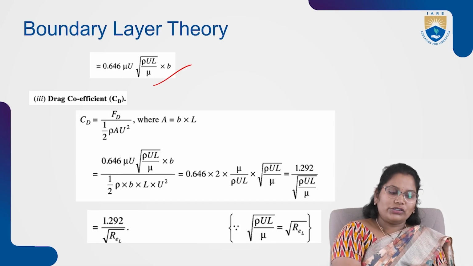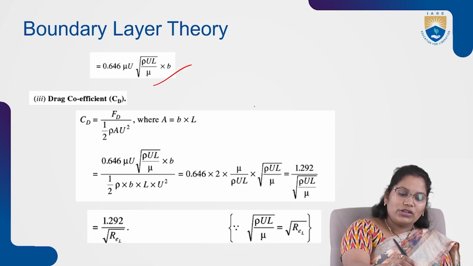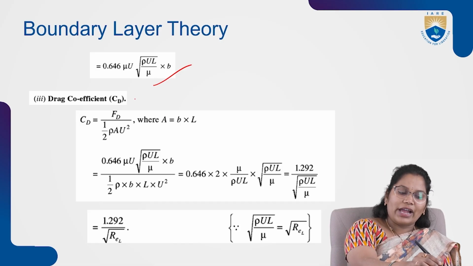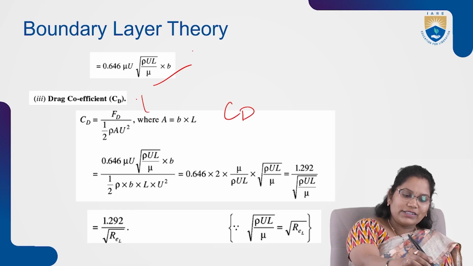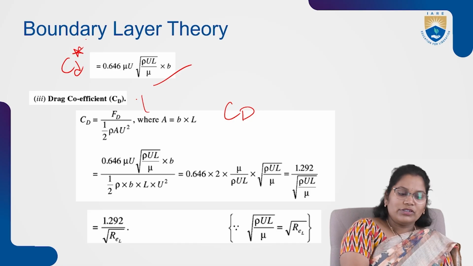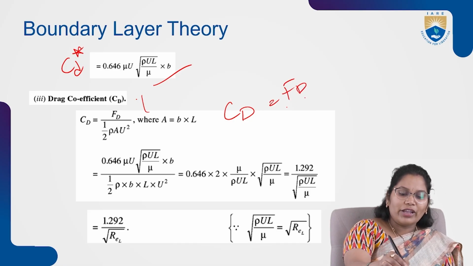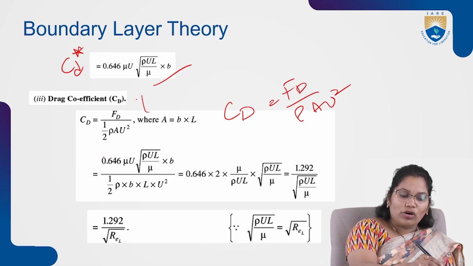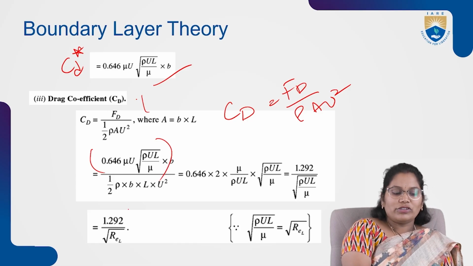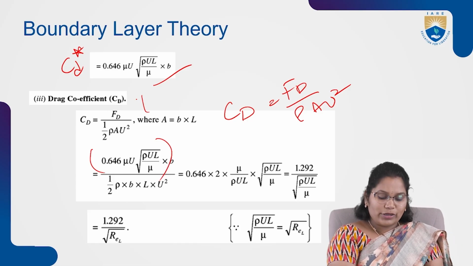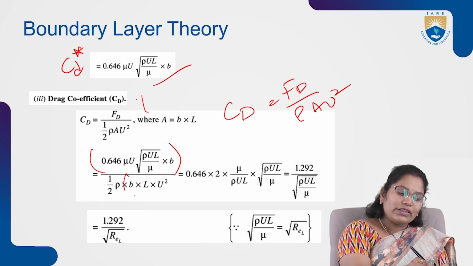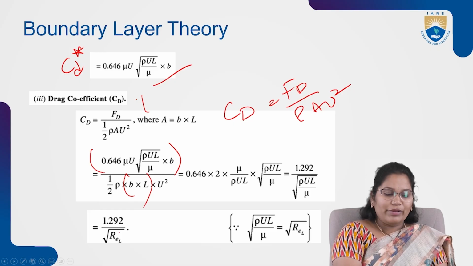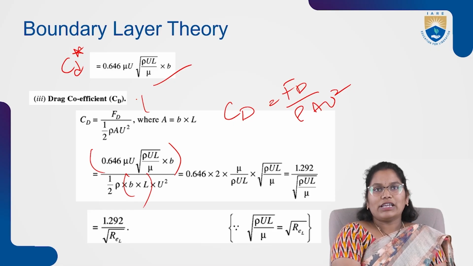Now the drag coefficient. Local drag coefficient, or only coefficient of drag, or average coefficient of drag. This is CD, this is the CD star value. CD. So here we need FD by half rho A U square. We already know FD. We got this, 0.646 mu U into root rho U L by mu into B. Right, and here half rho. This B L is your area, B into L into capital U square.